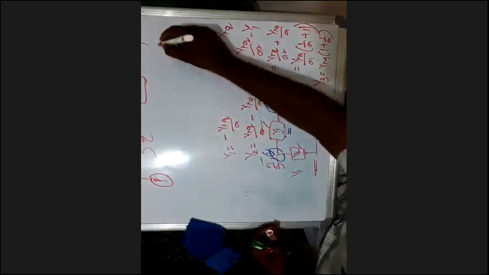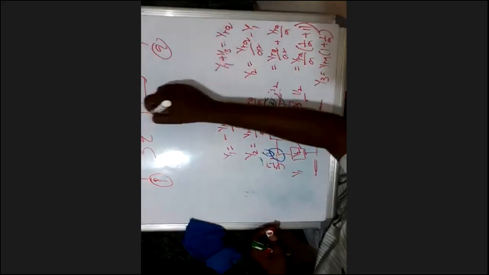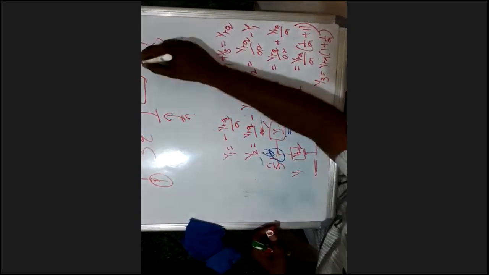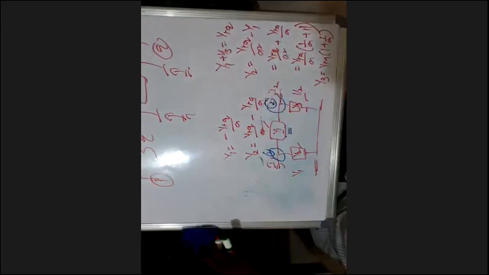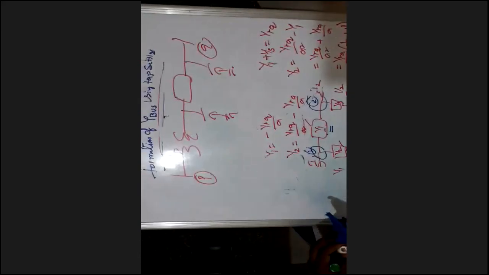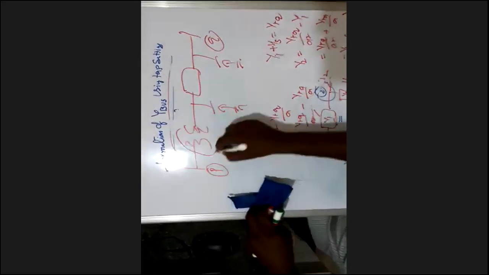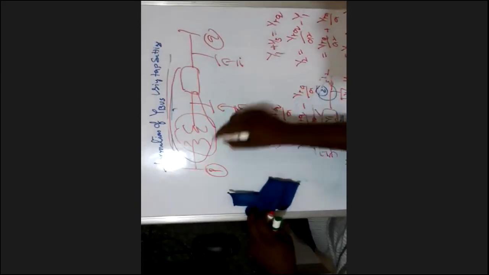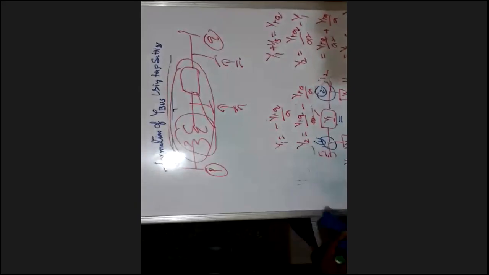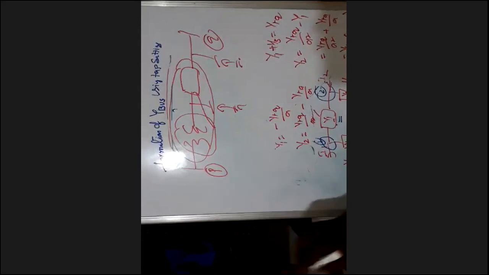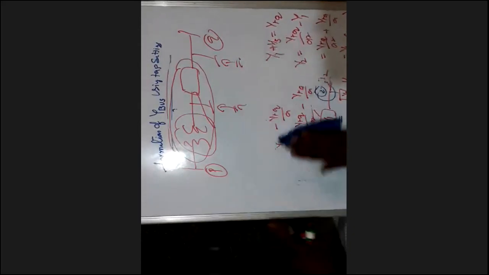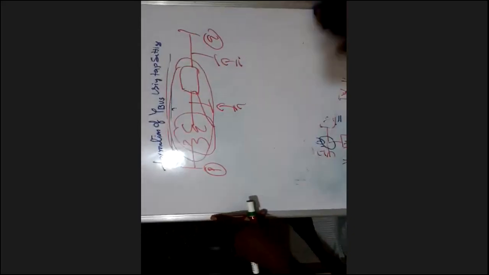P is the sending end, Q is the receiving end, with the line charging admittance. Now I want to incorporate this entire term into the pi model. Just a minute, I will incorporate and complete that.